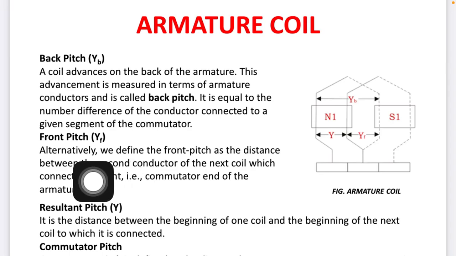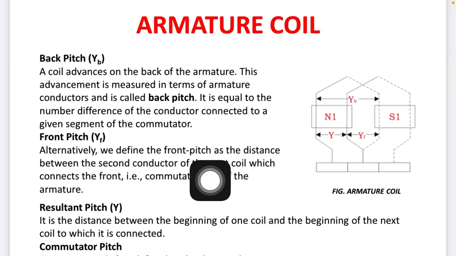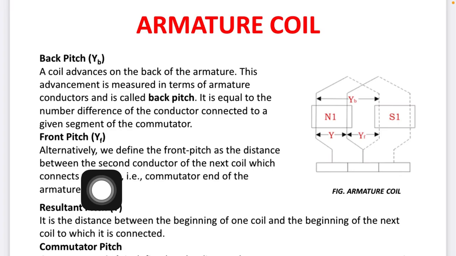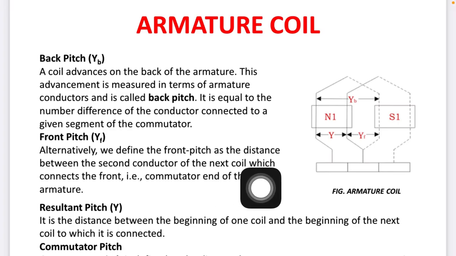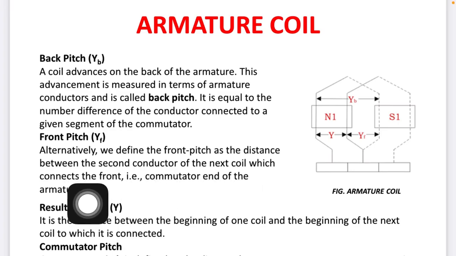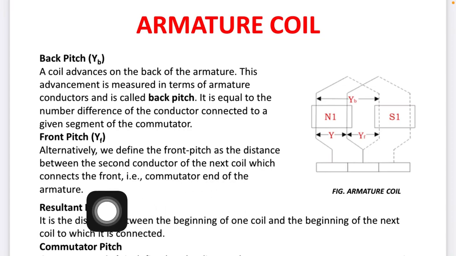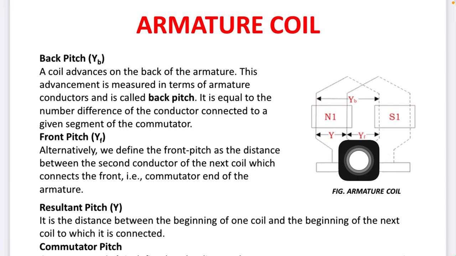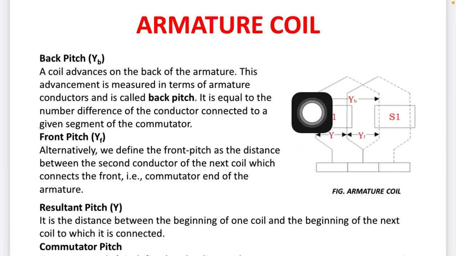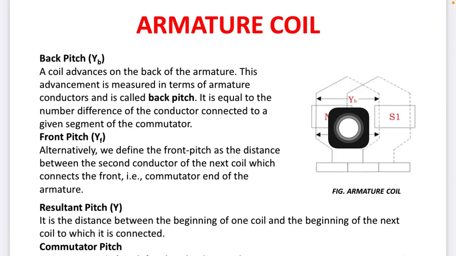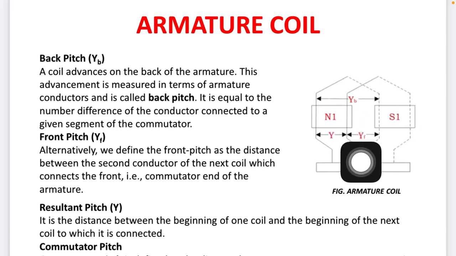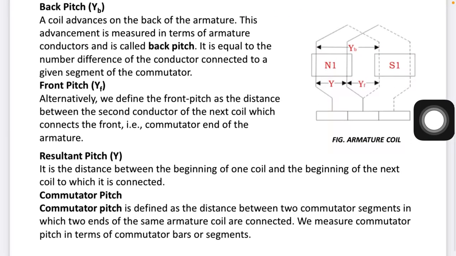Alternatively, we define the front pitch as the distance between the second conductor of one coil and the first conductor of the next coil, connected at the commutator end of the armature. Whatever the two winding connections at the commutator end, the first winding's end and the second winding's start, that distance is called the front pitch.